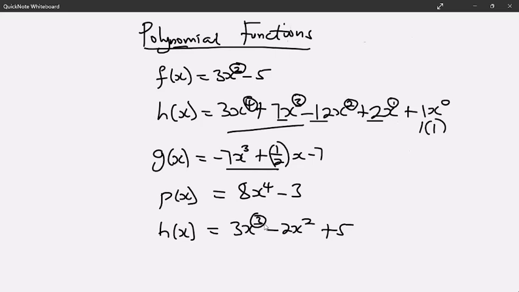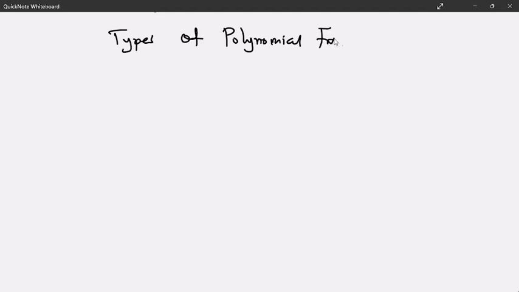Alright. Now, we have types of polynomial functions. The type of a polynomial function is determined by the number of terms the polynomial has. Okay, so if we have a polynomial function that contains one term, then that polynomial function is called a monomial.